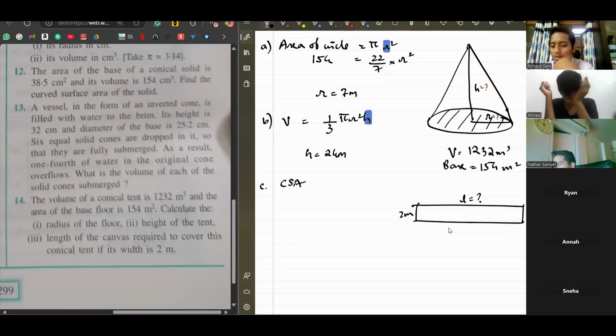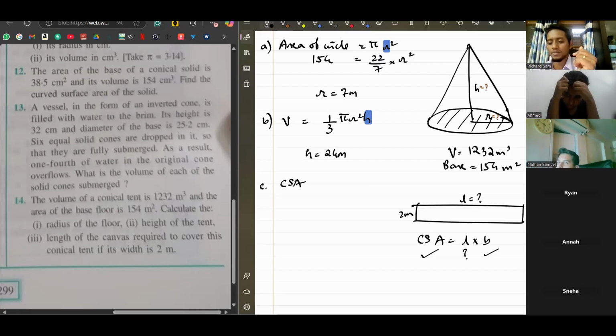Okay, the canvas required. So now we have area here, and this is in the shape of a rectangle. If you see the cloth, it's in the shape of a rectangle. So area is equal to length into breadth. We have the breadth, we have to find the length. We have the area. Area is the curved surface area. Okay. So we have the curved surface area is equal to length into breadth. We have to find the length.